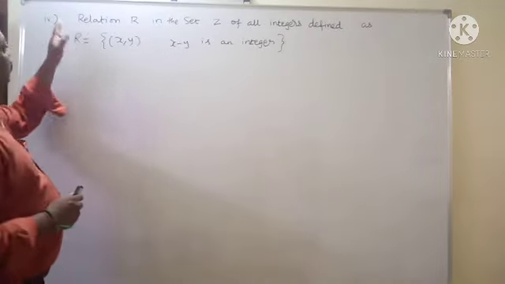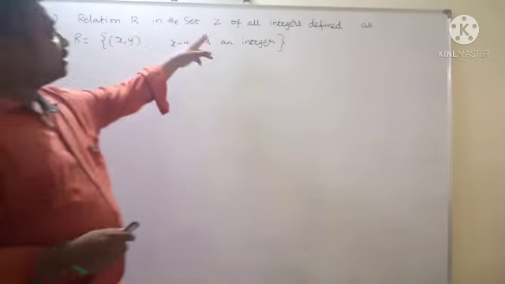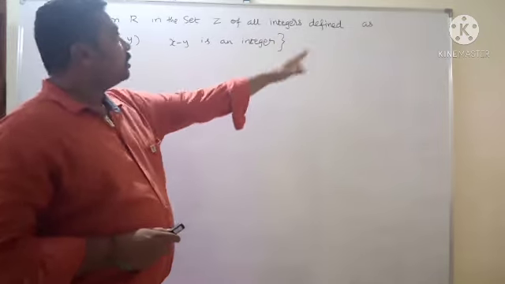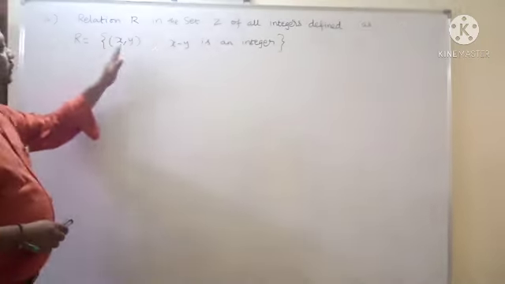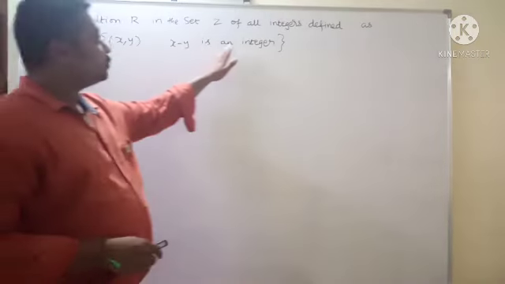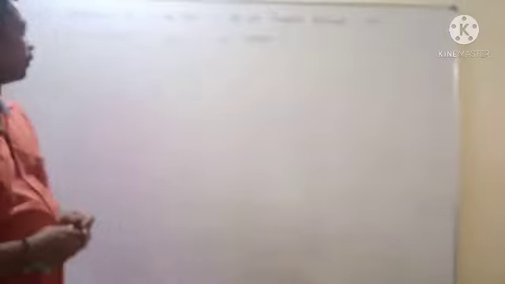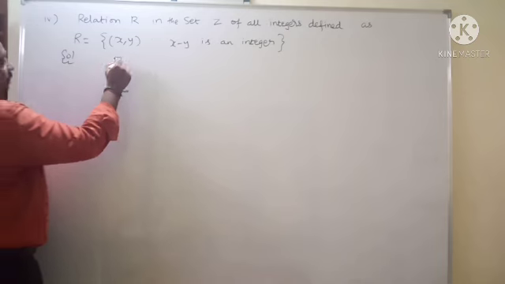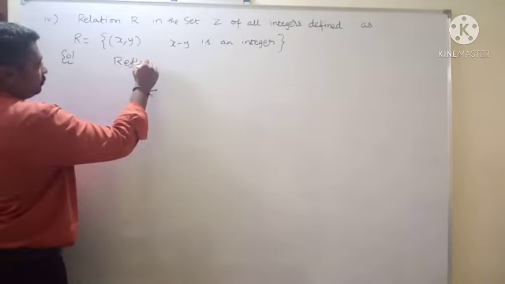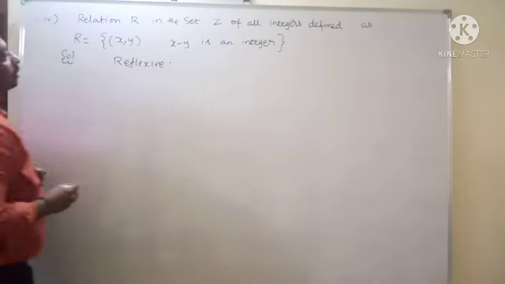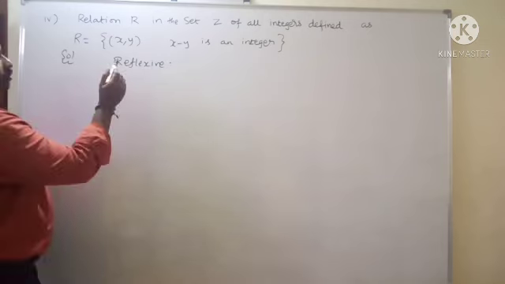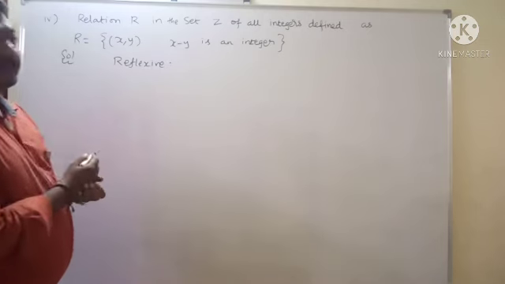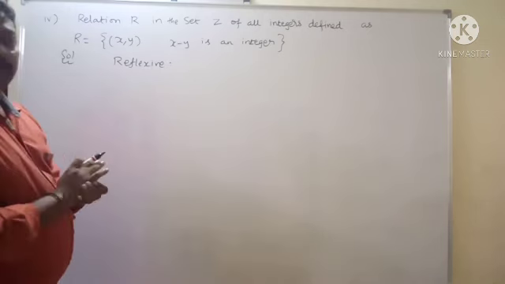In the fourth problem, relation R in the set Z of all integers is defined as R equals (x, y) such that x minus y is an integer. First, let's check for reflexive. All integers, so we can take any whole number or its negative.